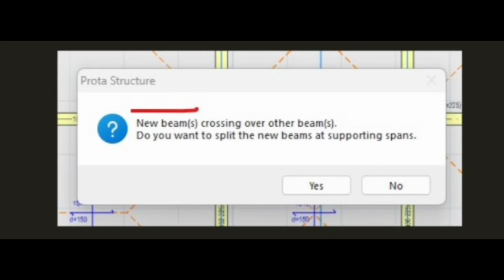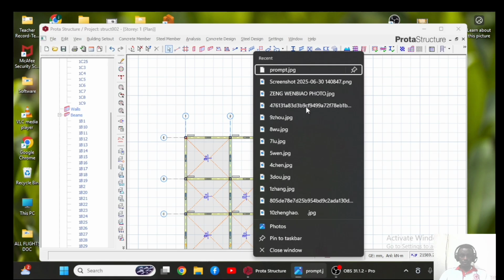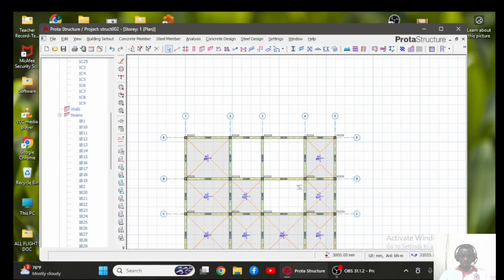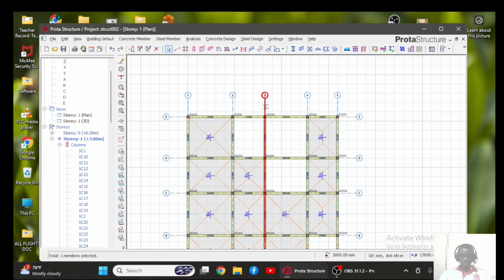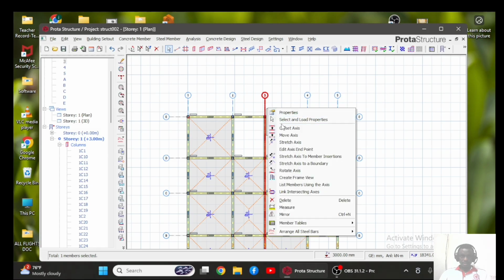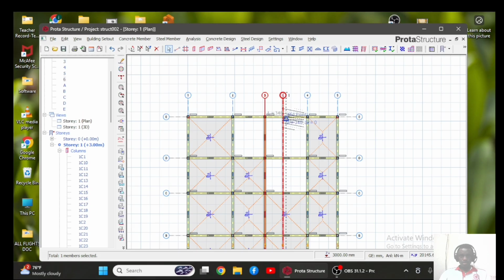Okay, so let's go to our environment. All right, so let's assume that, let's create another axis. Okay, so we're going to offset this axis to this point.